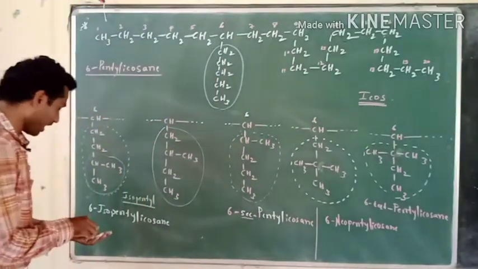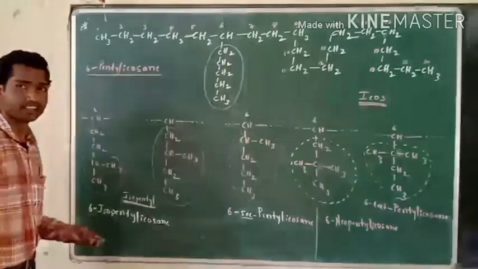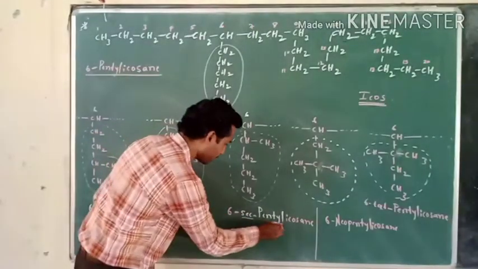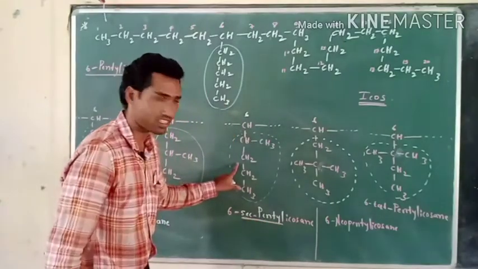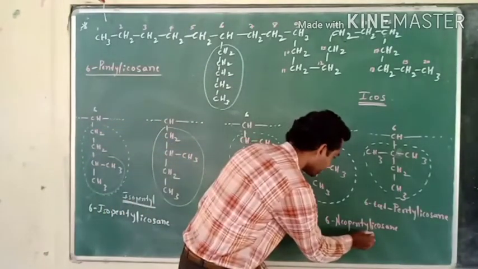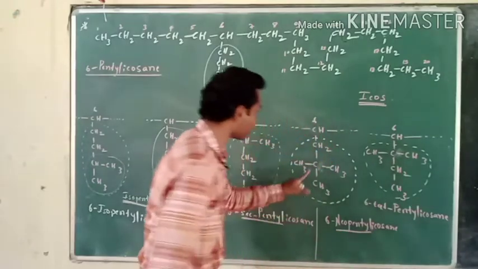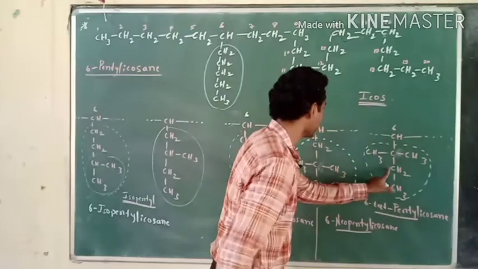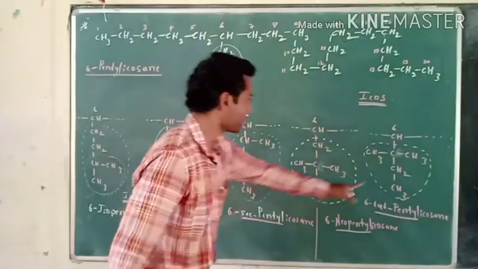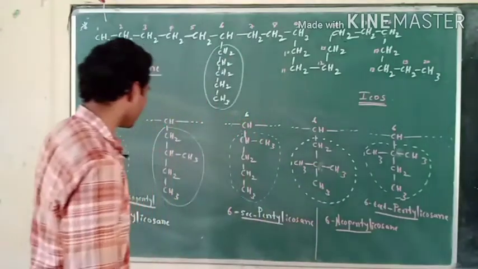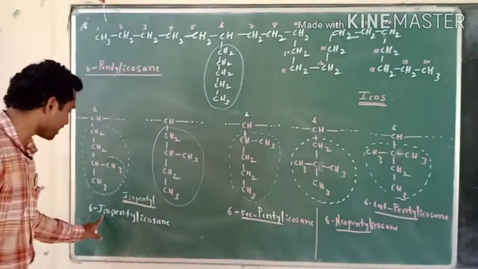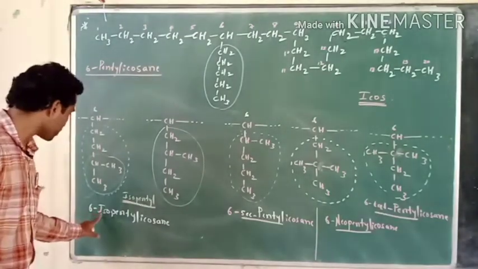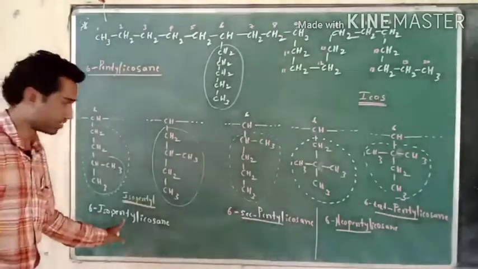So here isopentyl is the trivial name of this substituent. So secondary pentyl is the trivial name of this substituent. Neopentyl is the name of this substituent. So tertiary pentyl is the name of this substituent, right? So here just observe, I have used iso with I as a capital, that means I is the first letter of this substituent.